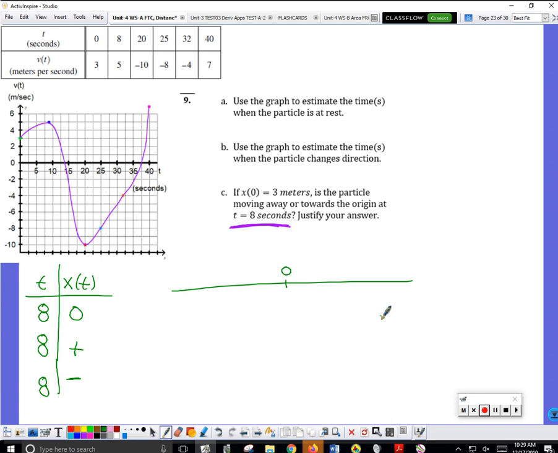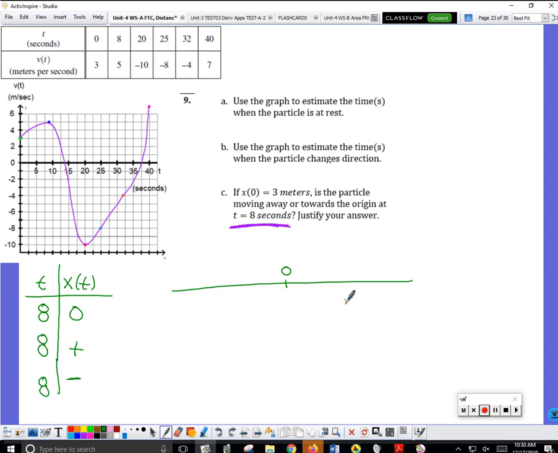We want to talk about that more. Please. So when would it be moving away from the origin? So you'll say it and then it will click better. So if the particle's here, to make the particle go this way towards the origin, does the velocity need to be positive or negative?